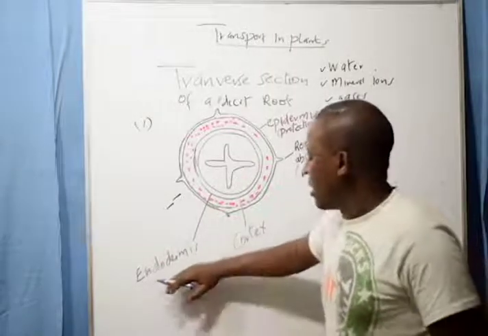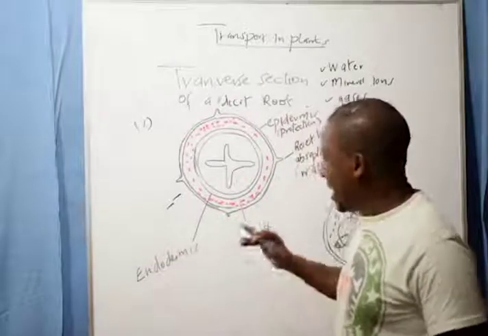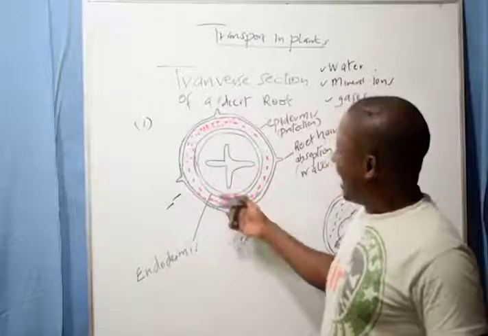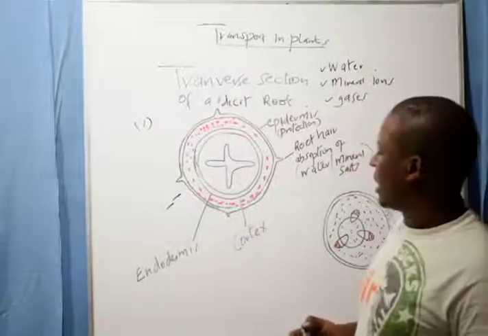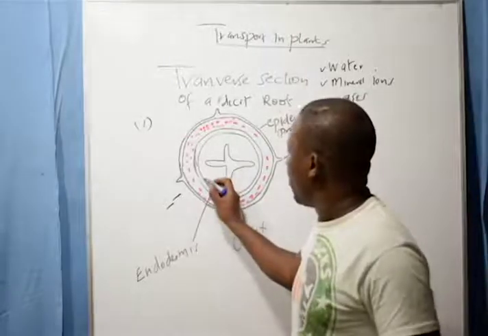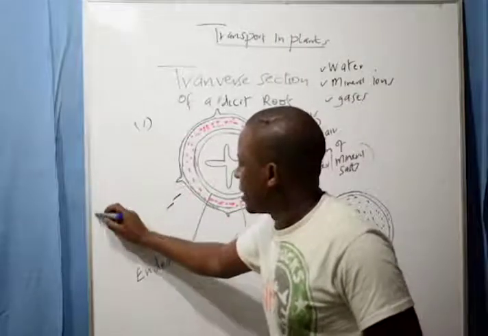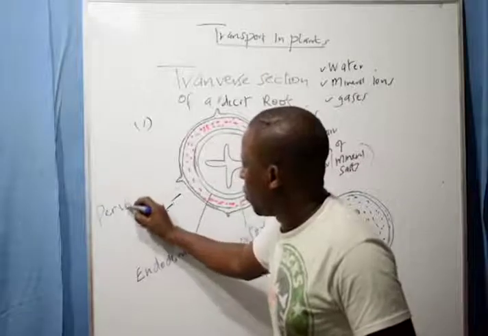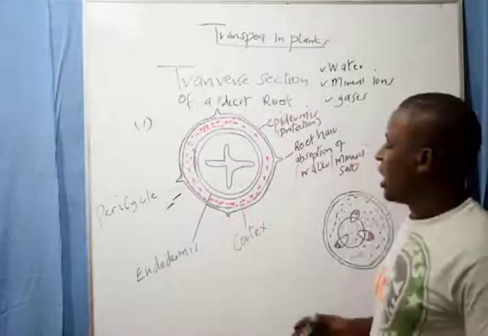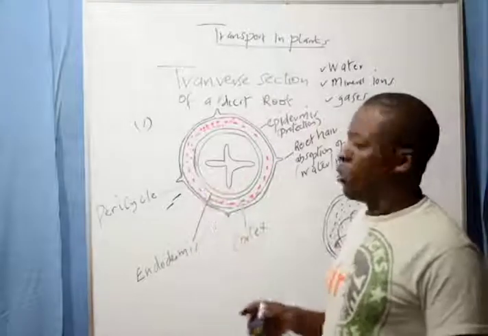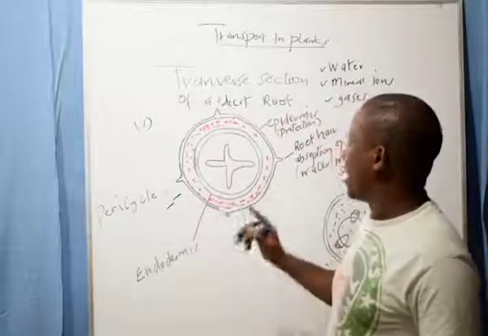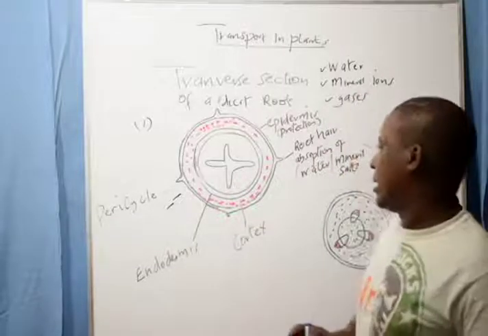Then, on the inner side of this dicot root, we have the pericycle. This is where lateral roots arise.